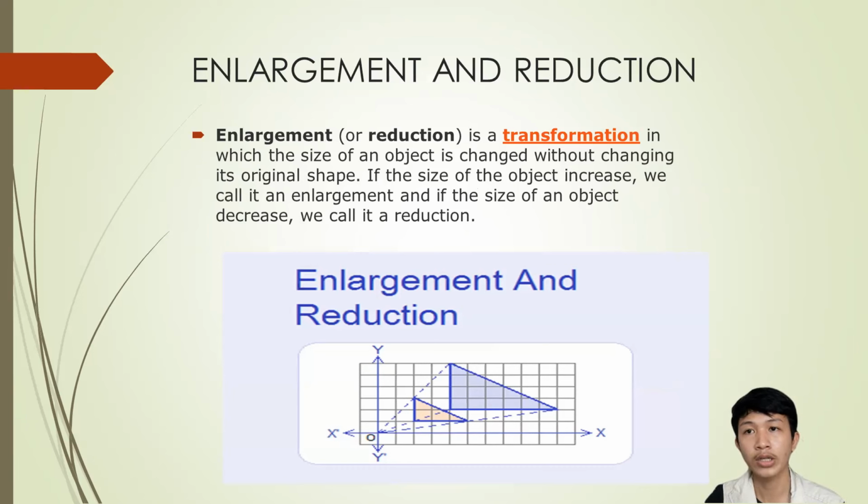So it changes its size, but it doesn't change its original shape. If the size of an object increases, we call it enlargement. And if the size of an object decreases, we call it reduction. So that's how enlargement and reduction works.